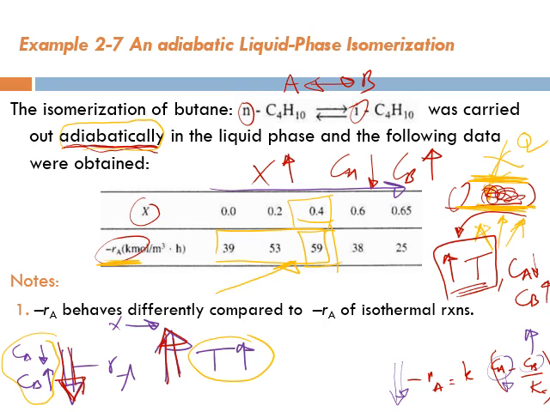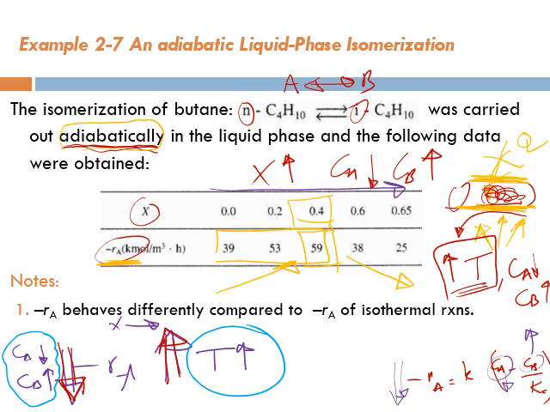However, further progress of the reaction will cause the rate of reaction to decrease, because now the effect of the increase in temperature is less pronounced than the effect of the change in concentration.